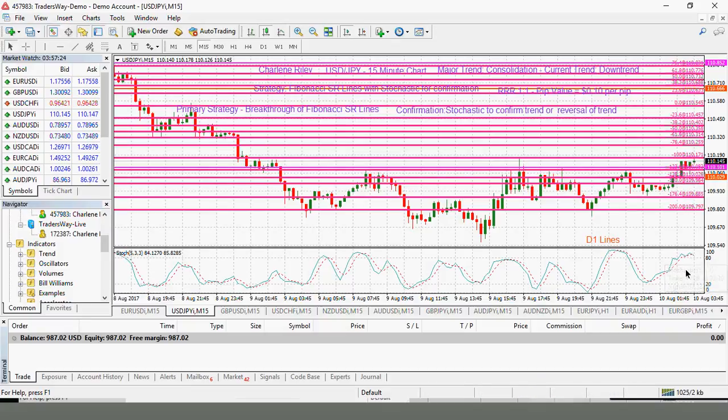Again, same here on the USD JPY, the market is definitely in an overbought condition with the stochastic above 80. So the market here is in consolidation, but looks like it's trying to trend upward. And it seems like now we're starting to see the beginnings of a reversal.